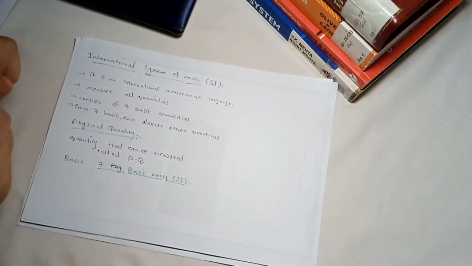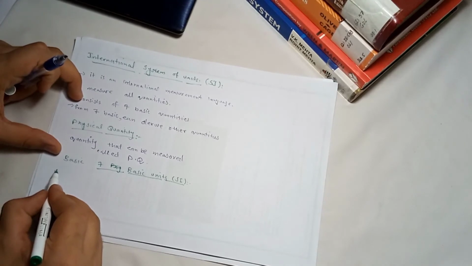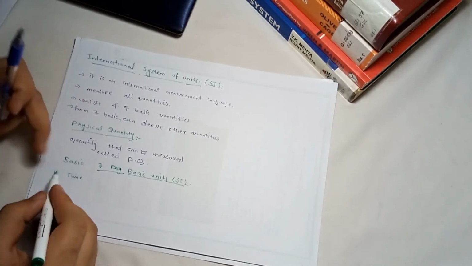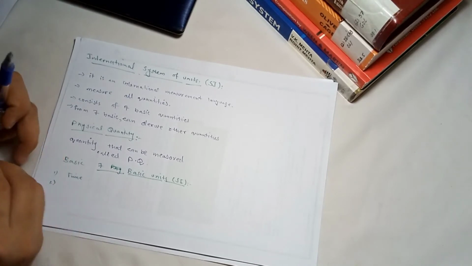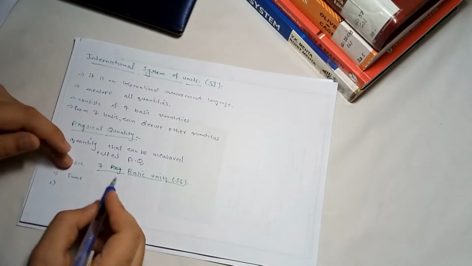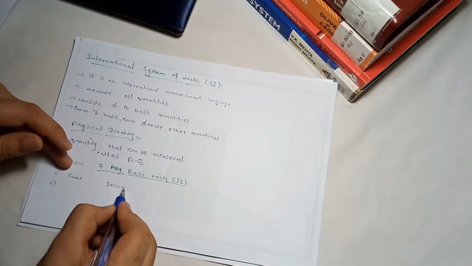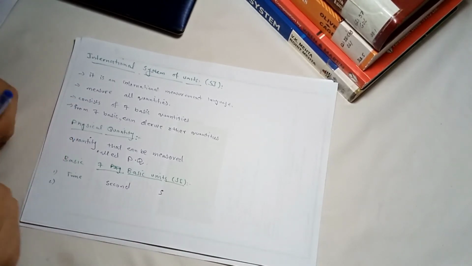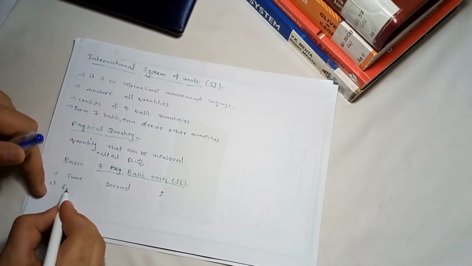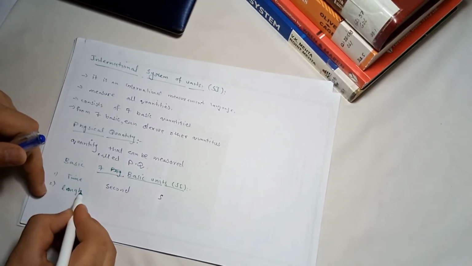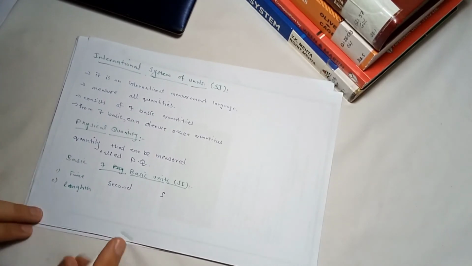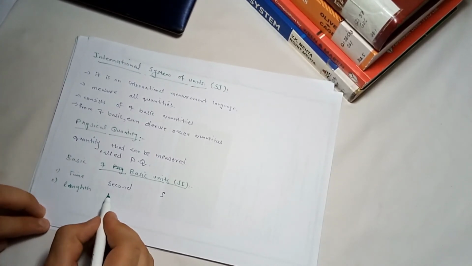So now number 1 it is time. Number 2, the time unit is second. It is represented by S. Okay, the second is length. So the length unit is meter.